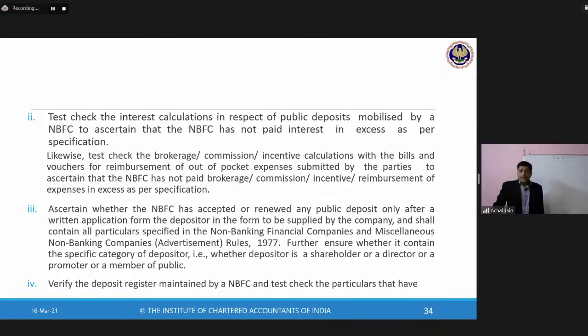For which he will require access to the data, and to various reports which would have been submitted to the regulatory authorities, and which could be in the form of communications with various regulatory authorities. And for NBFCs, a lot of communications keep taking place between the regulatory authorities and the NBFC. So all of those communications are important for the purposes of understanding of the auditor.